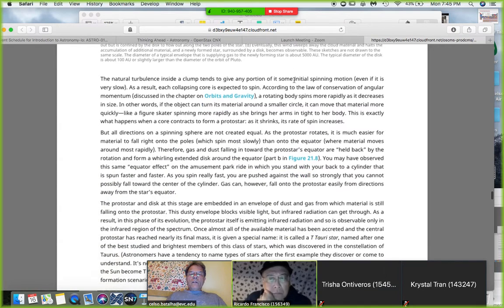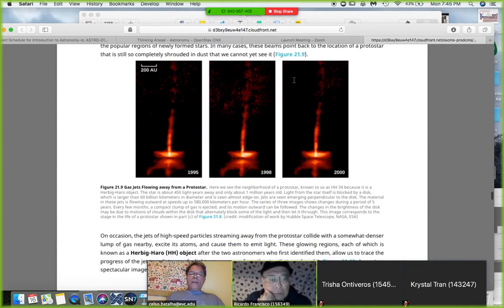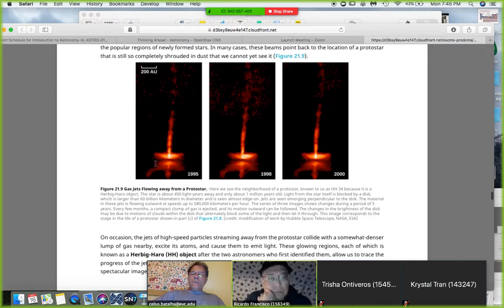So pictures of young star systems are like that. Look at this. We have a disk, and what we are seeing here is the so-called HH object, or Herbig-Haro object. Herbig and Haro are two different astronomers who studied these objects.